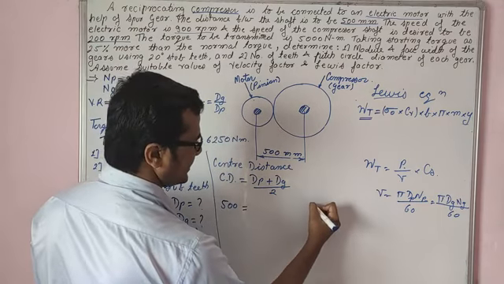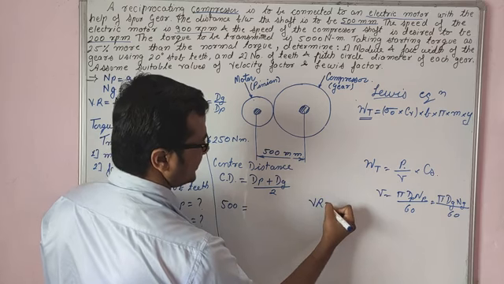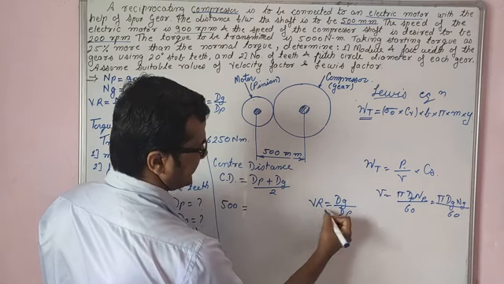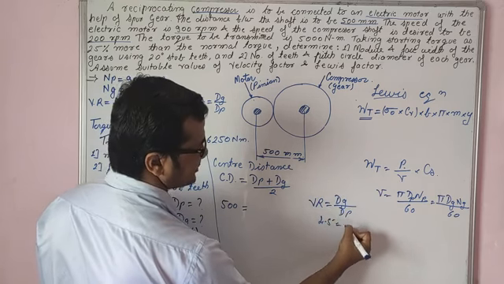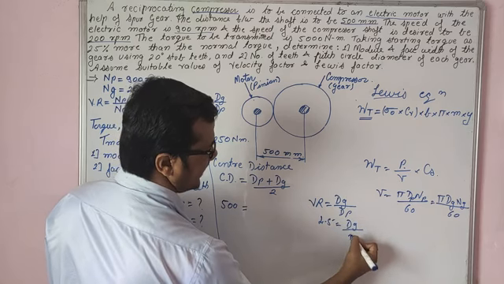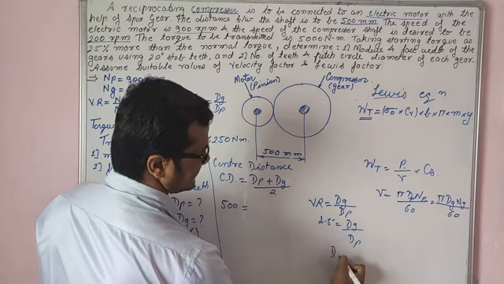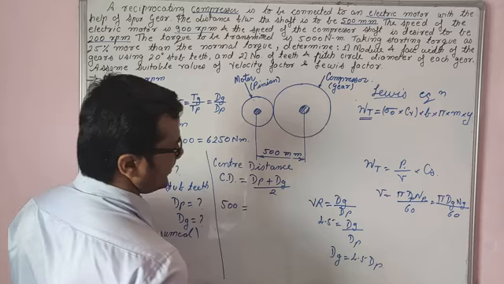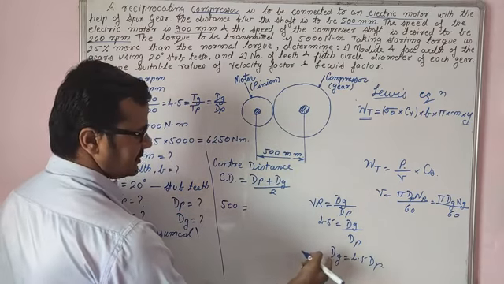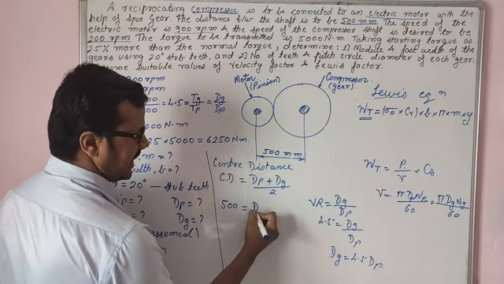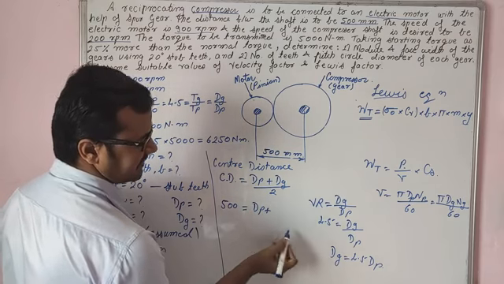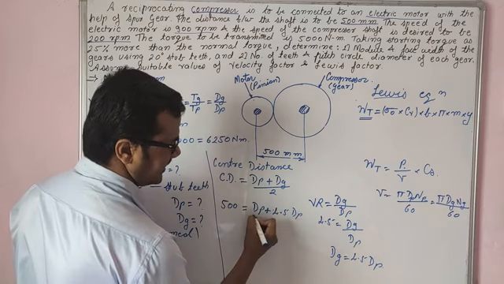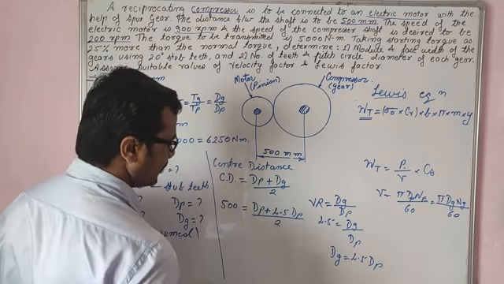Right, now we have the relation that the velocity ratio is equal to the diameter of the gear upon the pitch circle diameter of the pinion. The velocity ratio is 4.5, equal to diameter of gear upon diameter of pinion. So can I say that the diameter of the gear is nothing but 4.5 times the diameter of the pinion? Use this relation over here: the diameter of the pinion plus the diameter of the gear can be substituted as 4.5 times the diameter of the pinion, upon 2, right?